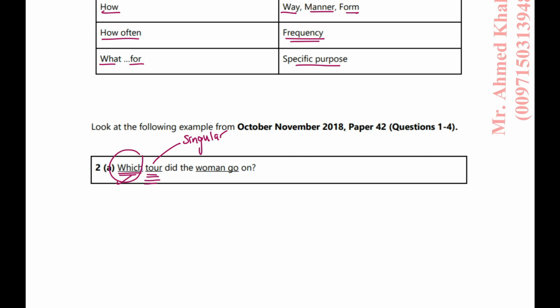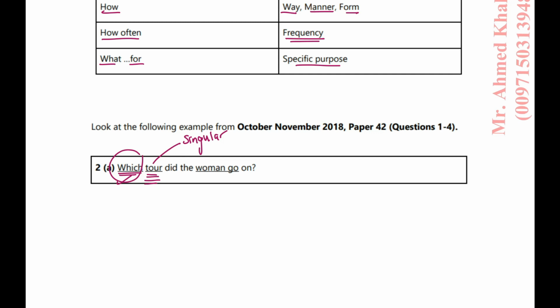They indicate that the woman had more than one choice. Do you agree with me? When I say which tour did the woman go on, it means that the woman had more than one choice, and she must have selected only one option.